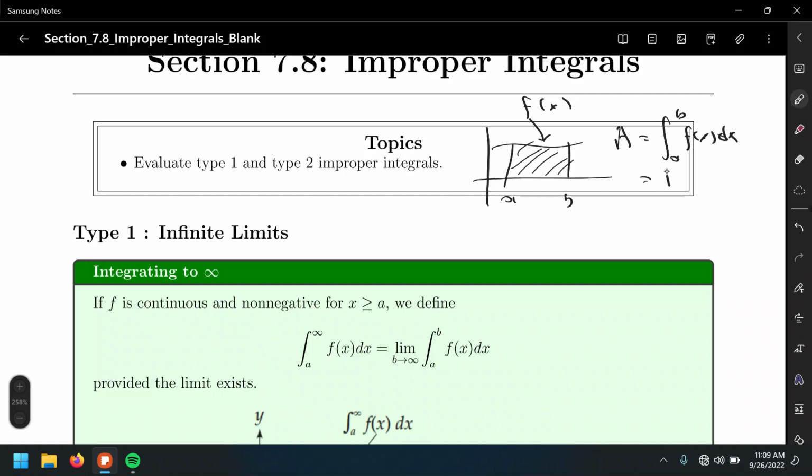And the way we go about it, when we integrate little f, that's going to be big F evaluated from a to b, and we do big F of b minus big F of a. So we just evaluate the antiderivative at the upper limit minus the antiderivative at the lower limit.